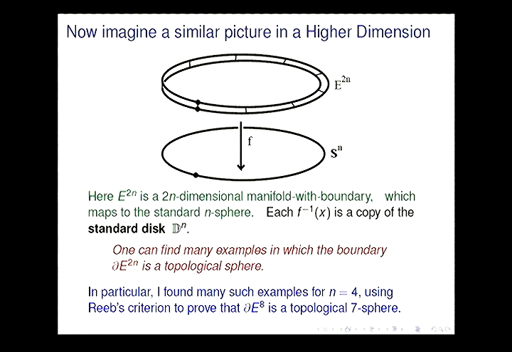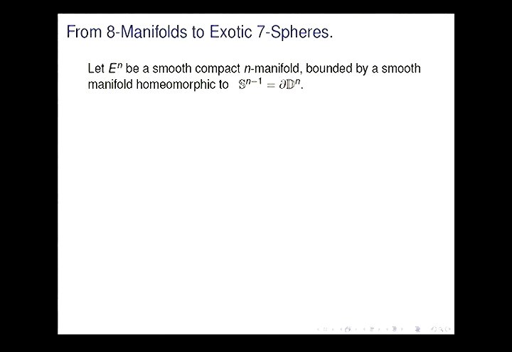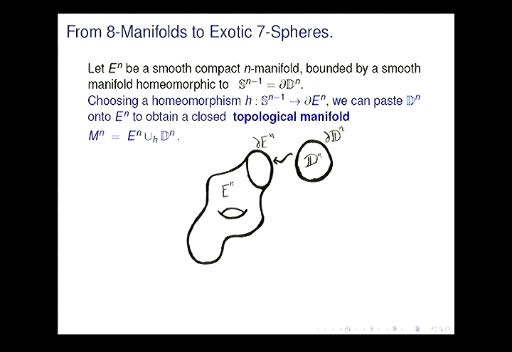Well, this seemed fine, but then I tried going farther in understanding this. My goal was to look at closed 8-dimensional manifolds. So what I had was a manifold with boundary. Here, this n is now supposed to be 8.